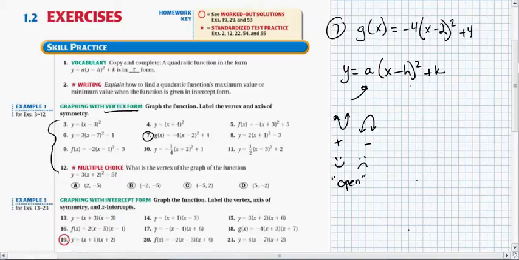The other two numbers that you have to pay attention to are whatever the h and whatever the k are. And the h and the k will give us our vertex. So the h actually gives us the x coordinate, and the k gives us the y coordinate.